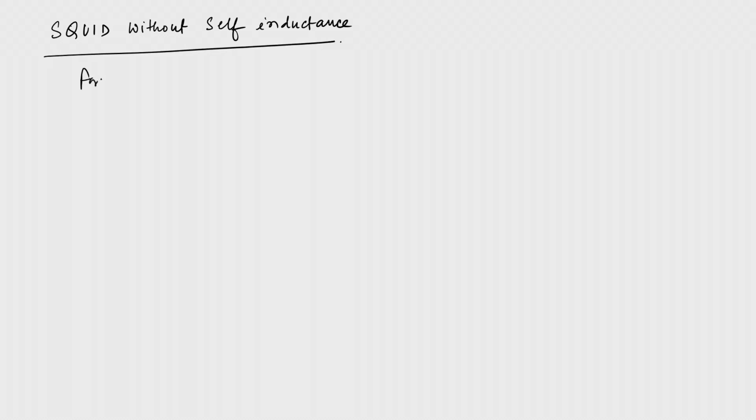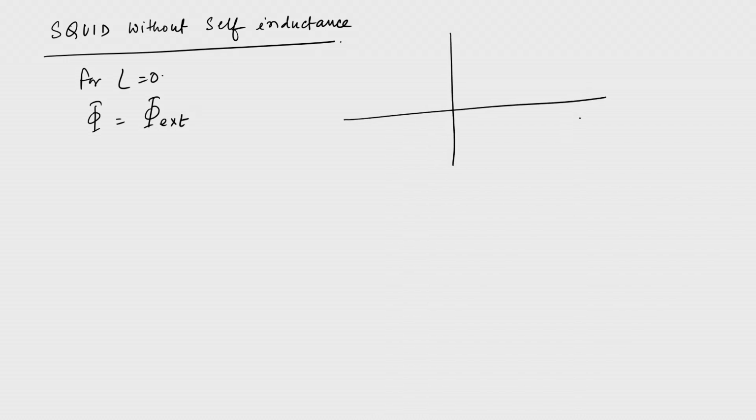So, for L equal to 0, you have phi equal to phi external. So, what happens is your phi versus phi external, normalized with phi 0, is like a straight line that passes through the origin. Okay. So, this is phi equal to phi external.